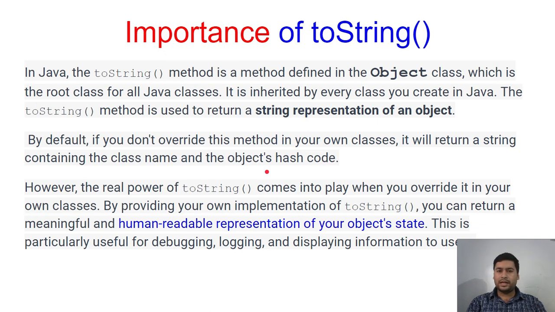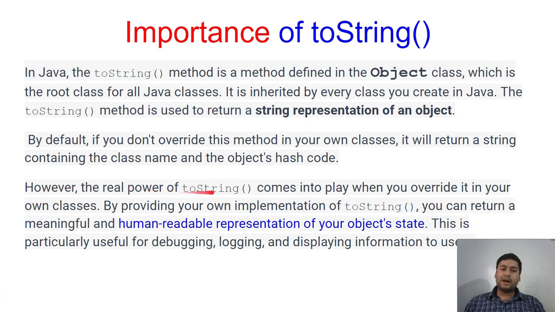I hope you know what hash code is and how it is generated; we have already talked about it in collections, maps. If the object does not have a toString method, it will not print your object data. It will only print the class name with a hash code, that's it.